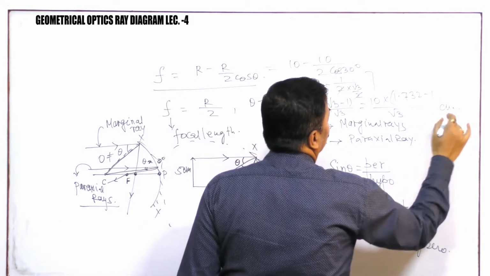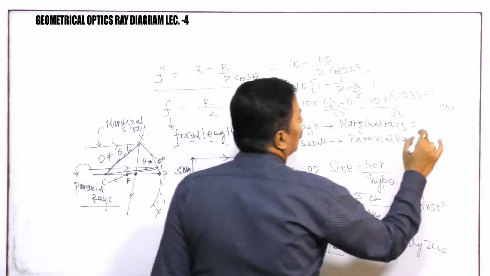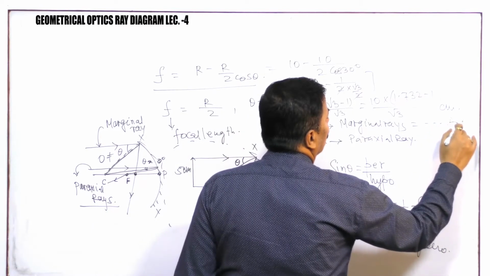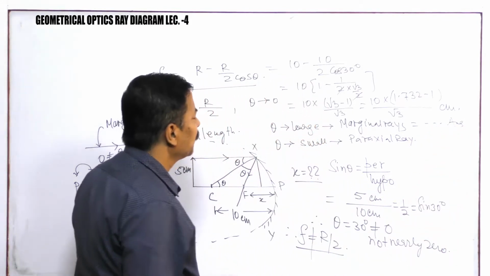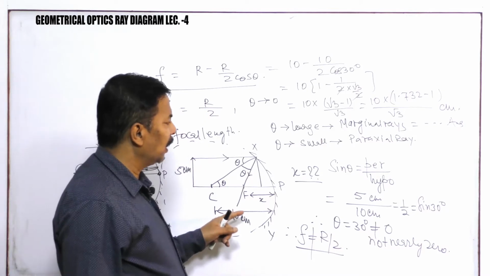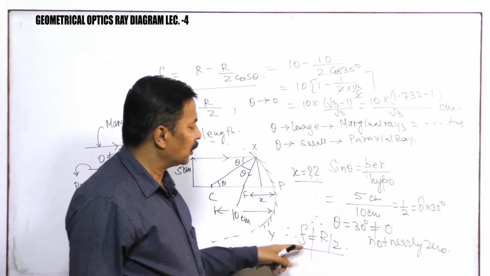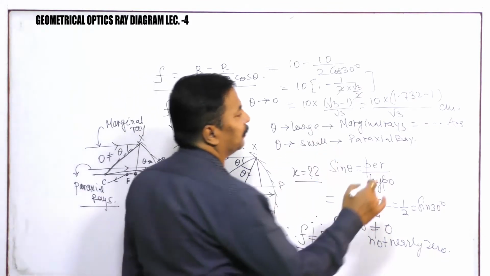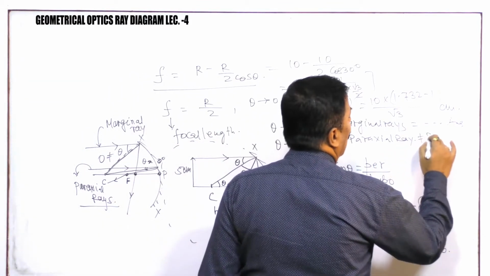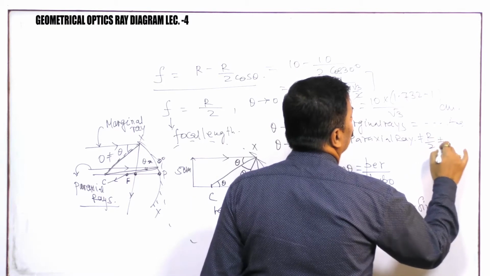You calculate and you will be getting the answer. This value will give you the answer. Certainly it will not be f is equal to r by 2, that is 10 by 2, that is 5 centimeter. It will not be equal to 5. It is not equal to r by 2.